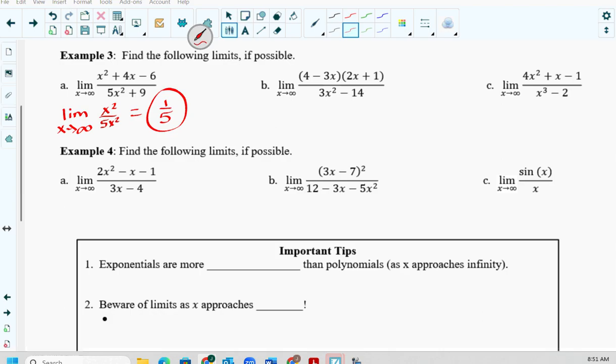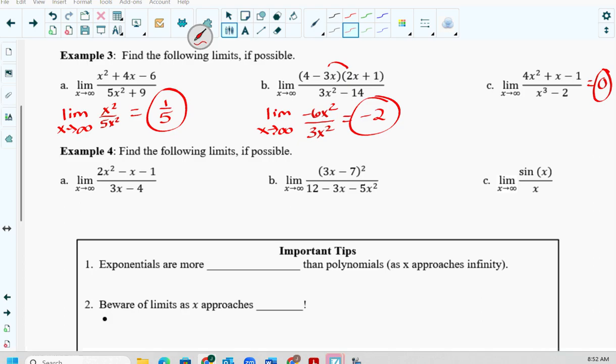Okay. Letter B, you needed to multiply a little, right? Like you need this negative 3x times 2x to get the highest degree. So that would be negative 6x squared over 3x squared. Did you guys get negative 2 for this one? Yes? You got 2? Do you see it? Okay. What about the last one? 0. Yes, bottom heavy, always 0. Okay, good so far? All right.